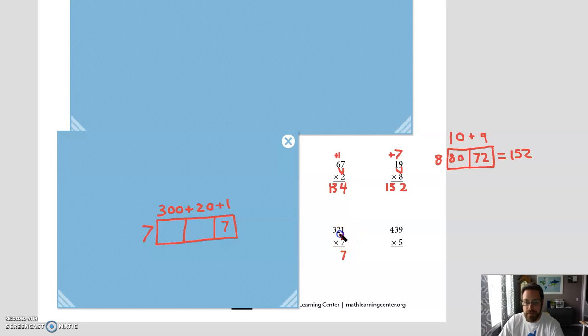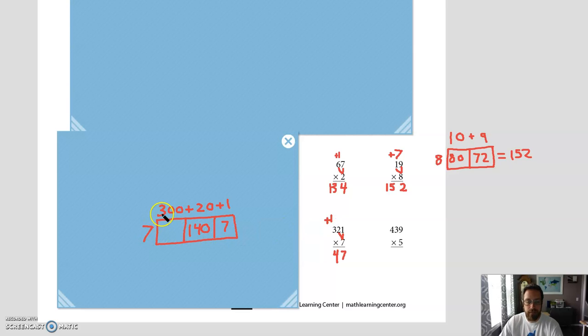So now this is 7 times 2, but the 2 is in the tens place, so really it's 7 times 20. So 7 times 2 is 14, so 7 times 20 would be 140. Here that's 14, so I'm going to put the 4 and carry the plus 1.